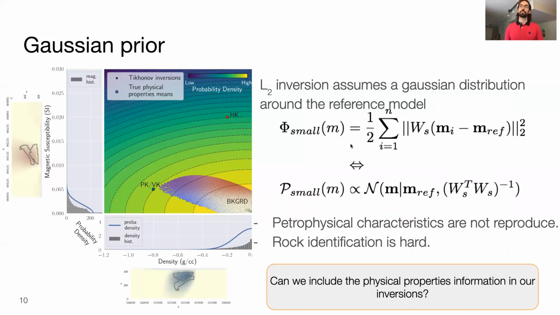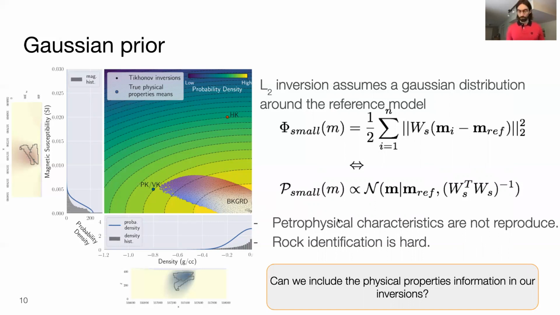So instead of thinking of it as a regularization, we call it a prior distribution, and there is a one-to-one relationship between priors and regularizers. And so here I plot on these figures the Gaussian distribution assumed for each of the inversions.